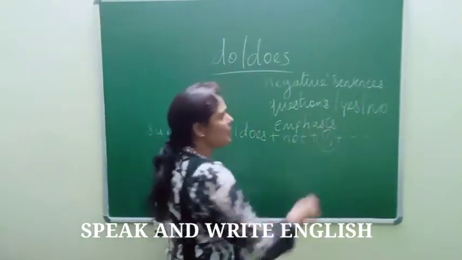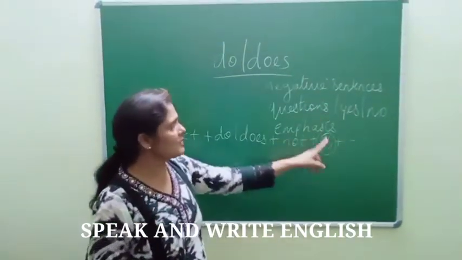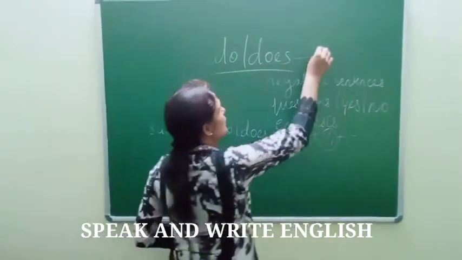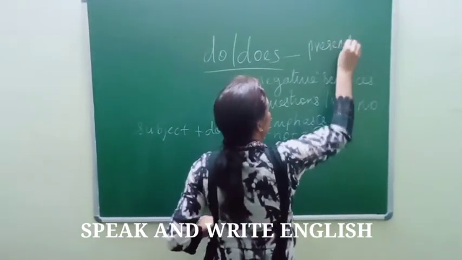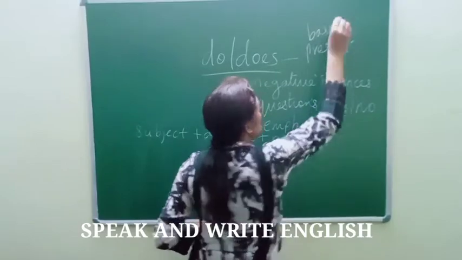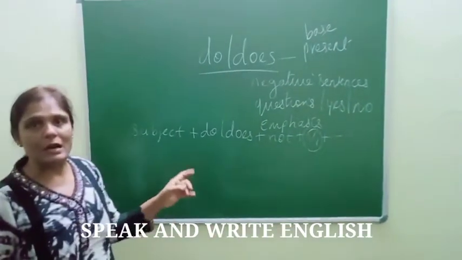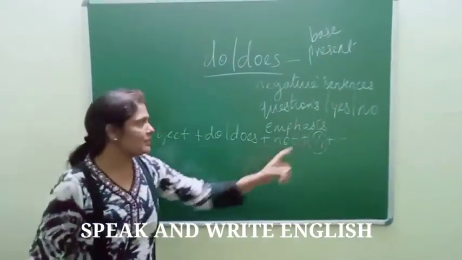And remember, whenever we are going to make use of the auxiliary do and does, the verb shall always be there in the present, that is in the base form. The verb should always be there in the base form or the present.